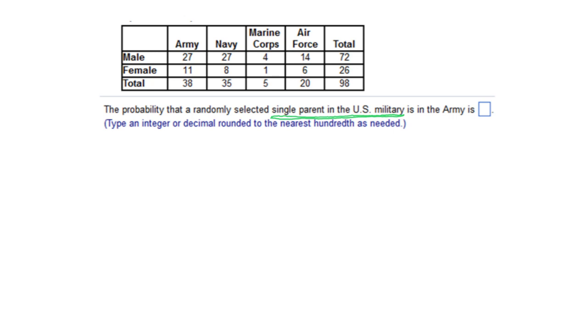All right. The instructions also say to type in an integer or a decimal rounded to the nearest hundredth as needed. All right. So the probability that a randomly selected single parent is in the Army. So we're looking at the probability that single parent is in the Army.